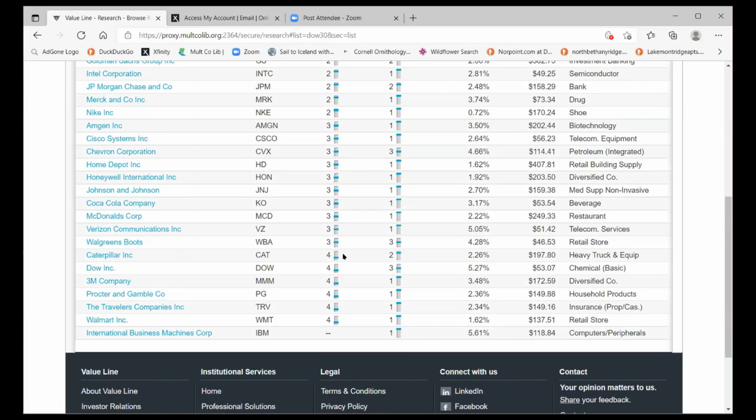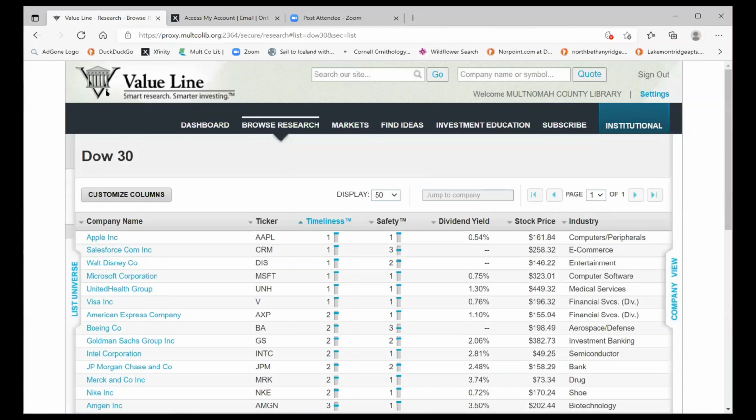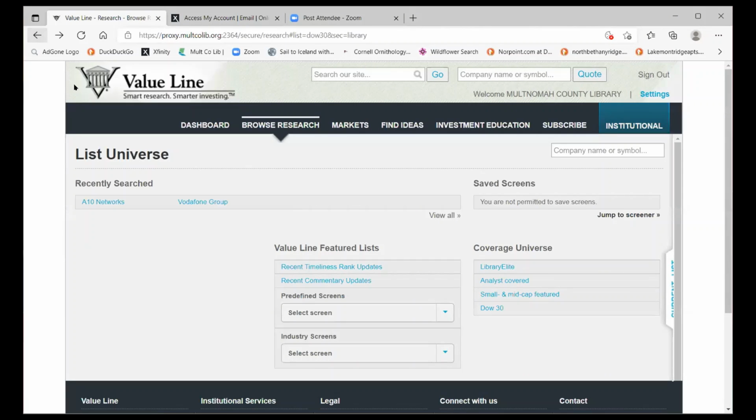Okay, and there they are. So I dropped this page off with a shortcut on my front page. So that's all I normally do. I just would like to show you one other thing quickly, just so you understand how this whole thing works. So at this point, I would sign out.